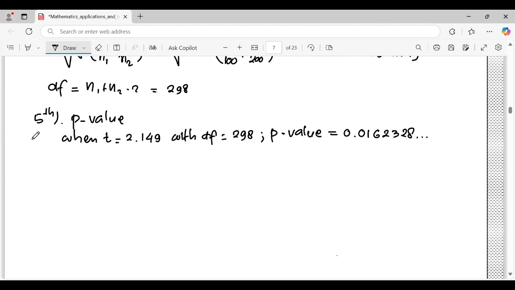And the sixth step, conclusion. The p value is less than alpha, less than 0.05. So we are going to reject the null hypothesis.